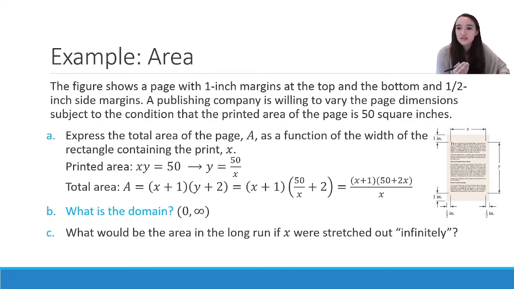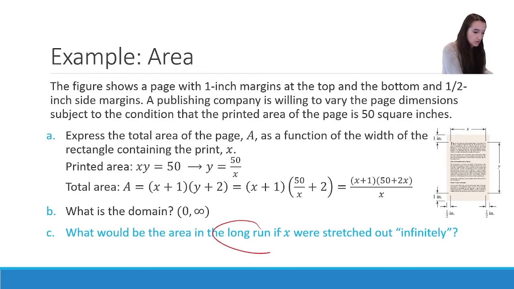x can be infinitely long. It would look pretty ridiculous for a piece of paper to be infinitely long, but technically I can do that. So what would the area be in the long run if x were stretched out infinitely? Remember, long run means horizontal asymptote. What's happening as x goes towards infinity?